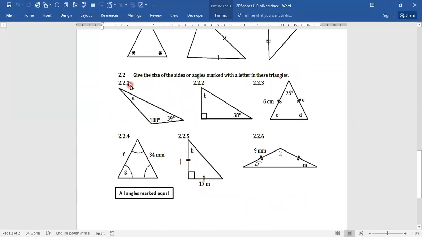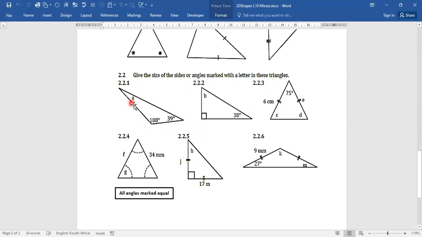Now in question 2, you are required to find the size of the sides or angles that are marked. In this example, you find the value for angle A using one of the properties, such as the sum of angles of a triangle, whether it's an isosceles or an equilateral triangle, keeping all that in mind. It could be a right angle triangle.